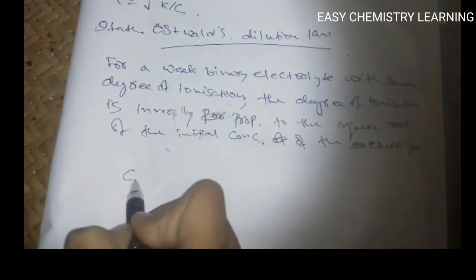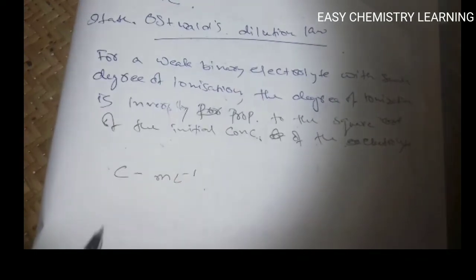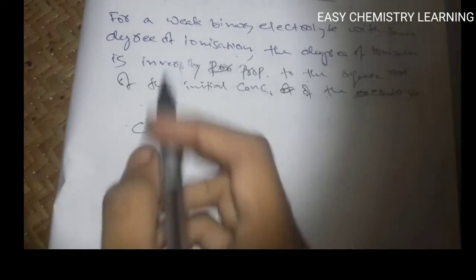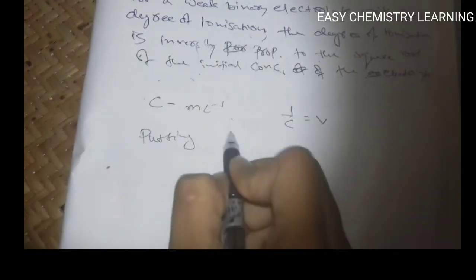Therefore the volume V of the solution containing 1 mole of the electrolyte will be 1 by C, so 1 by C equals V. Putting 1 by C equals V, our equation becomes alpha equals root over KV.